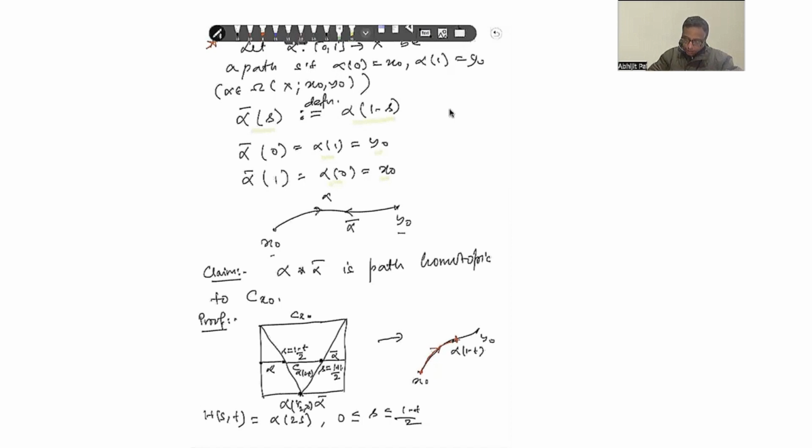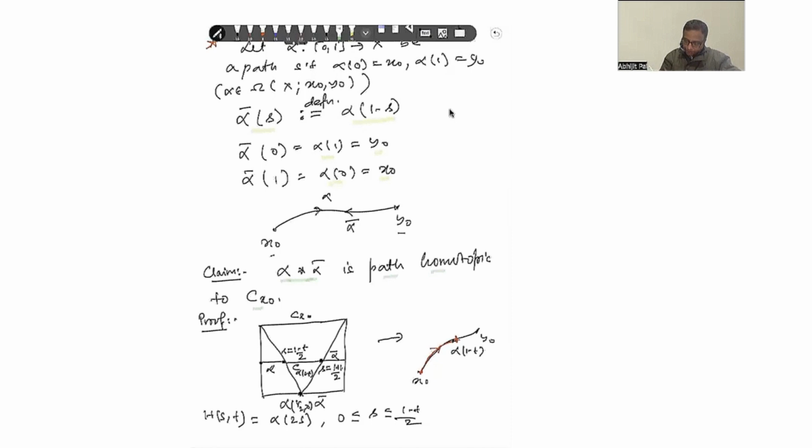Okay. So next, what we can prove is that this alpha star alpha bar is a loop based at x naught. It is starting from x naught and ending at x naught. So the claim is that this path is path homotopic to the constant map c_x0.